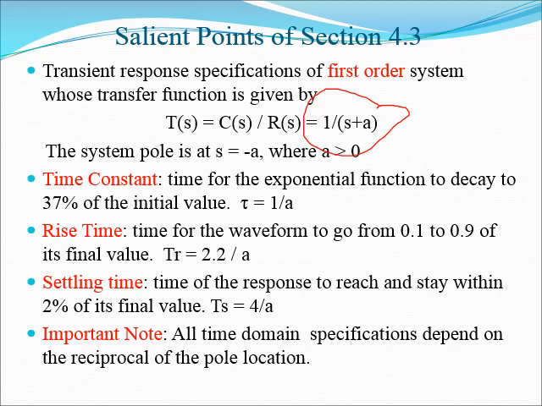The time constant is defined as the time for the exponential function to decay to 37% of its initial value, because if we take the inverse Laplace of this, it will be equal to e to the power minus a t. Inverse Laplace of 1 over s plus a, that will be the time response. So this function is a decaying function. As the time goes to infinity, this will go to 0, but it will start at 1.